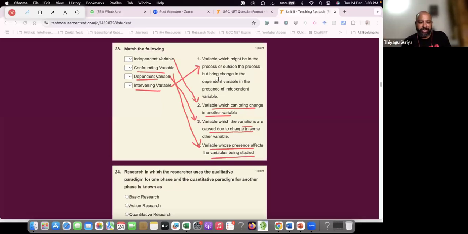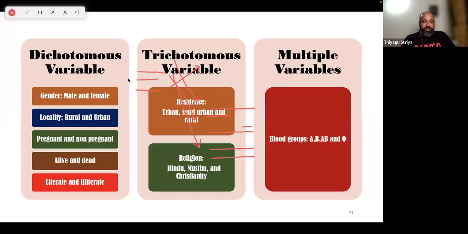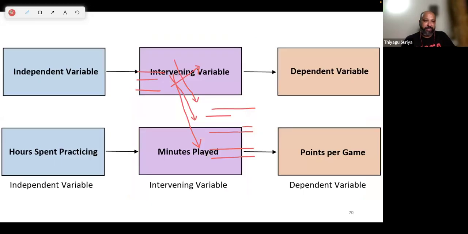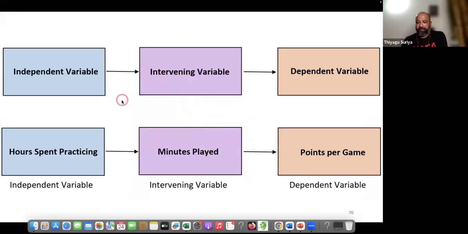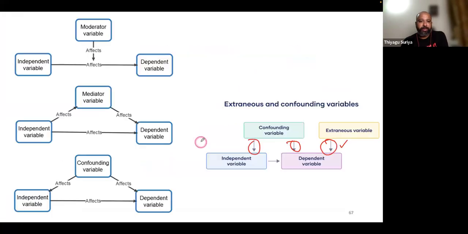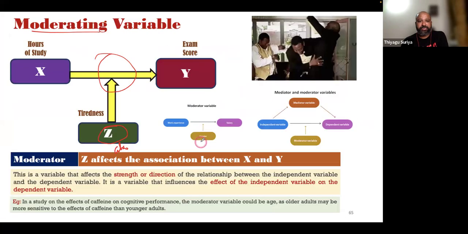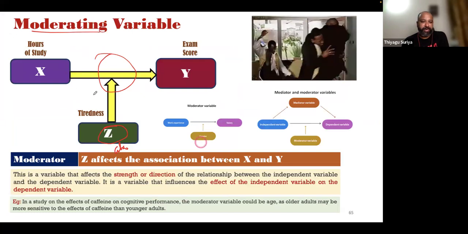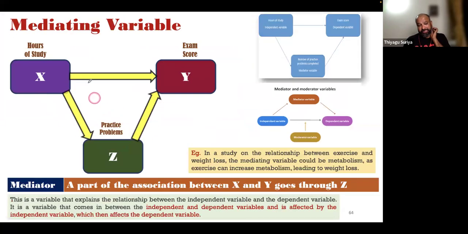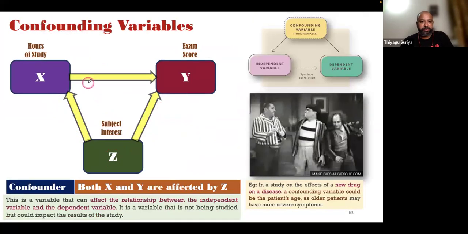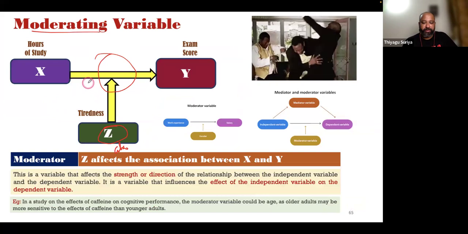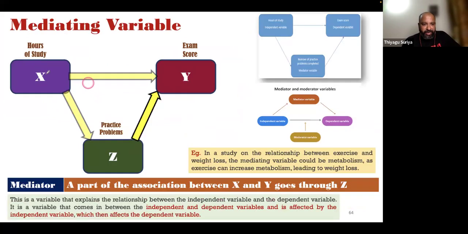Madhusmita, I'm just sharing my screen once again. Very simple. I'm explaining the concept once again for the moderator as well as the mediator. You can see this diagram. This is called a mediator.